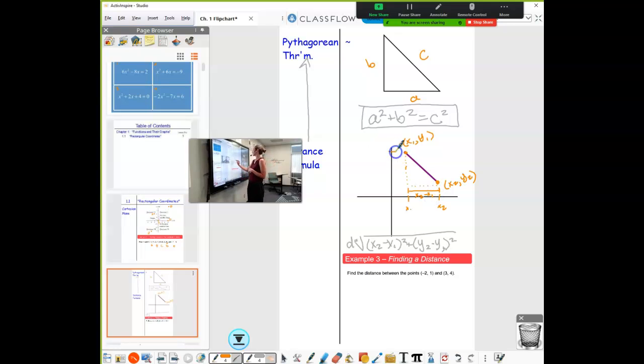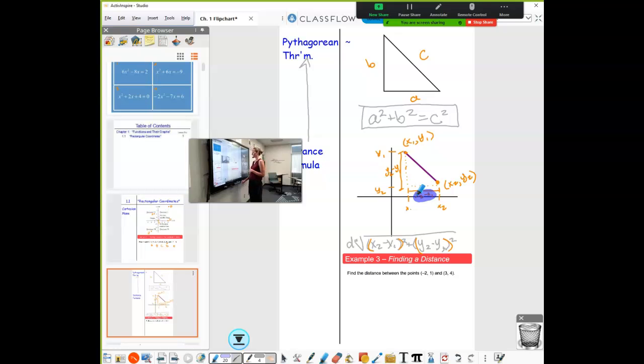And y2 minus y1, here's where it gets a little bit confusing. y2 minus y1 would be a negative number, but as soon as we put that in a square, negative or positive doesn't matter.